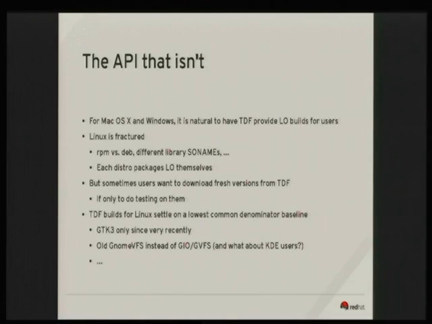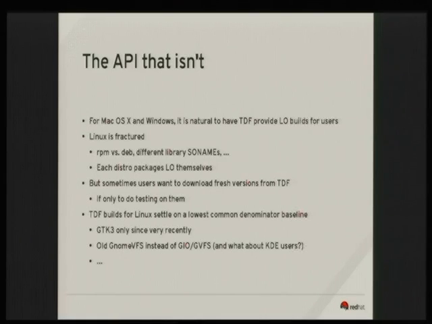So, as I said, we're multi-platform. The easiest platform to target actually is Mac, because that's a very tightly controlled one. You exactly know what's available. If you target Mac 10.8, for example, as your minimum baseline, then you're sure what to find there.